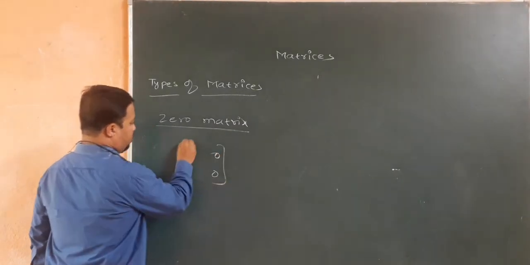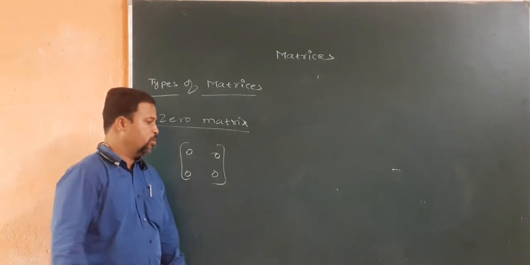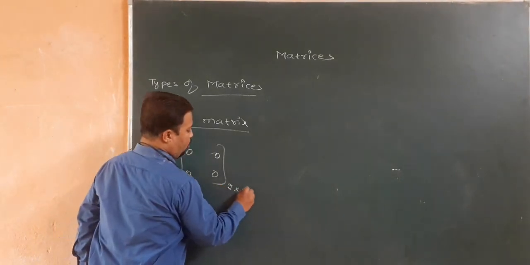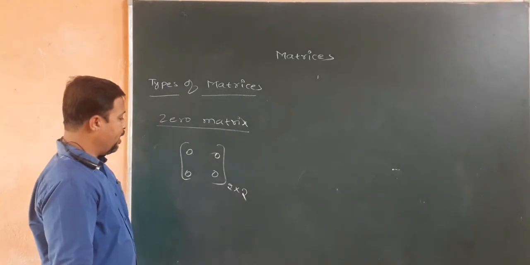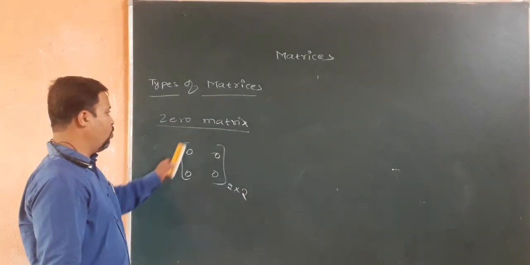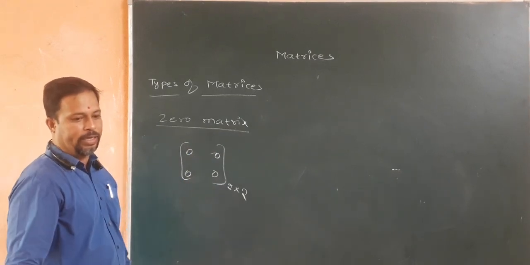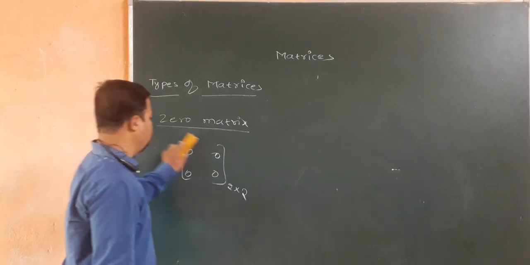You can see its order is 2 cross 2. Its order, number of rows and number of columns, are 2, 2. And all the elements, if you see here, are 0. Therefore, it is called a zero matrix, or sometimes it is called a null matrix, void matrix.